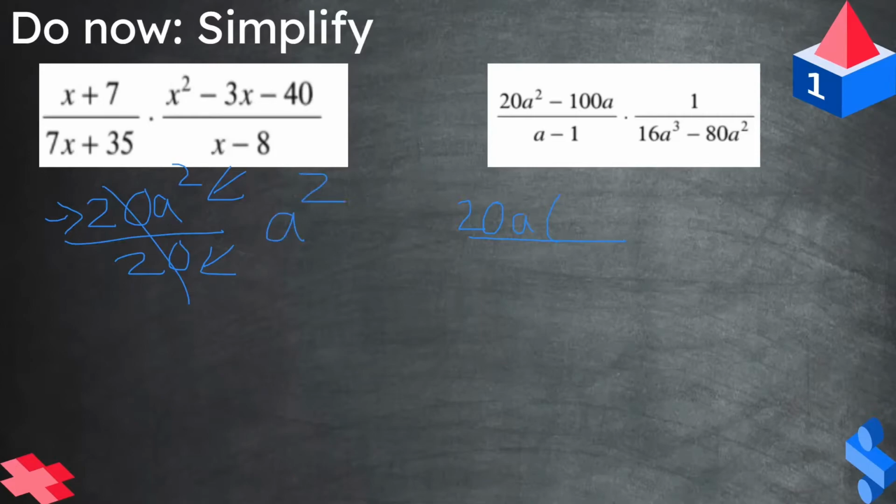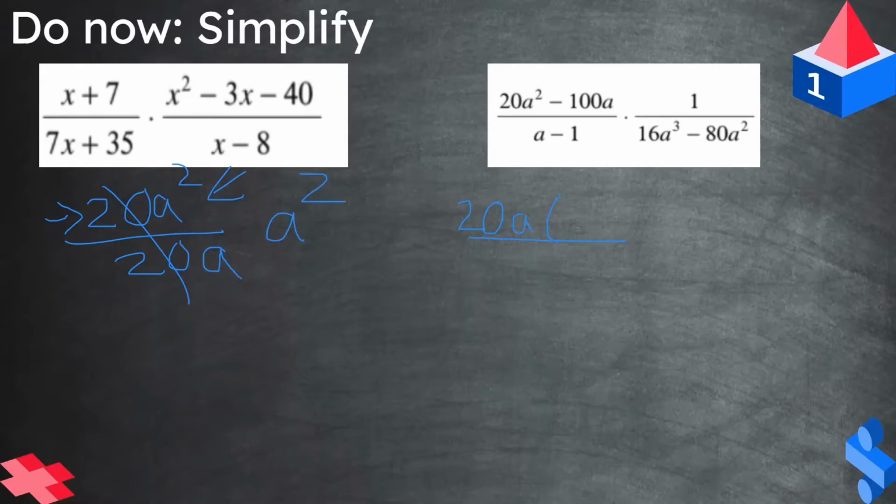Oh, sorry. My GCF was actually 20A. My bad. So with 20A, the 20s still cancel out because I have 20 as my common factor. I canceled the one at the top, I canceled the one at the bottom.